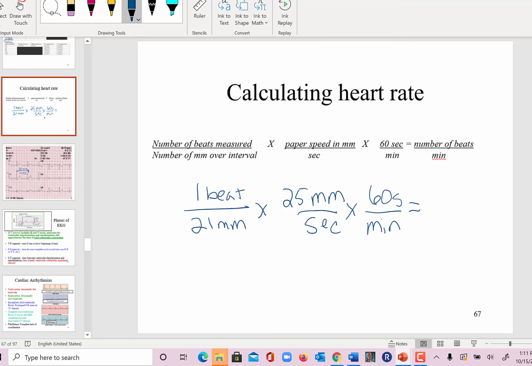If I do all of my calculations here, I have 25 times 60 divided by 21, and I get millimeters canceling out, seconds canceling out, I'm left with beats per minute. And I have a 71 beat per minute heart rate for this individual.